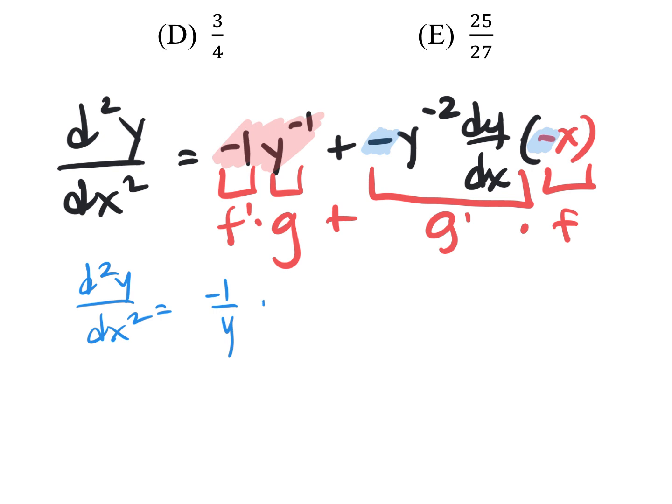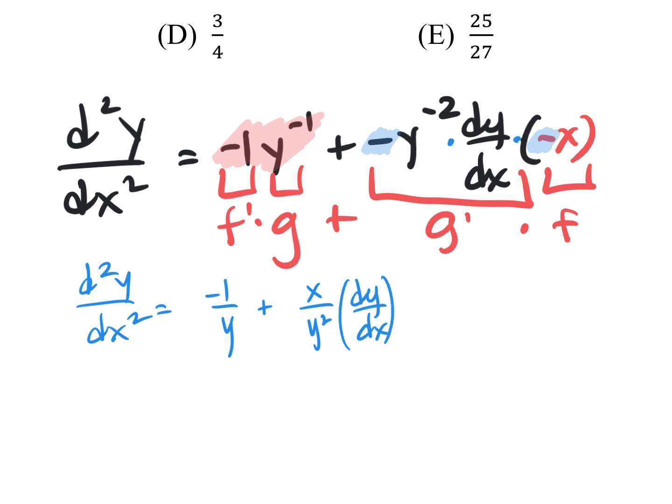Positive, so I'm going to say plus. Then 1 over y squared. Oh, I didn't realize there was an x there. So we'd have x over y squared times dy/dx. Yeah, because it's all being multiplied.